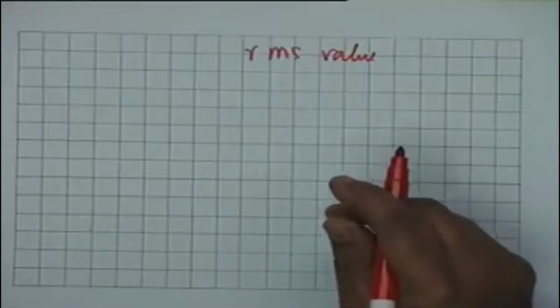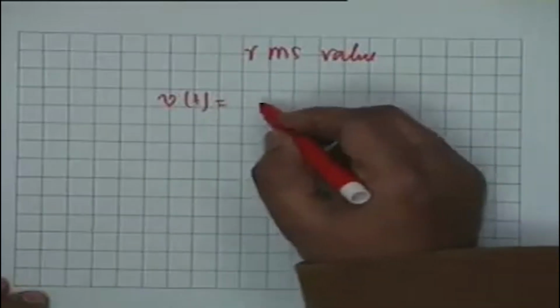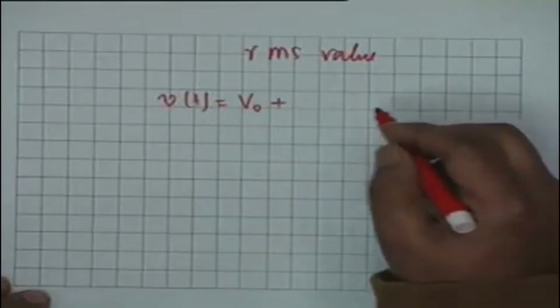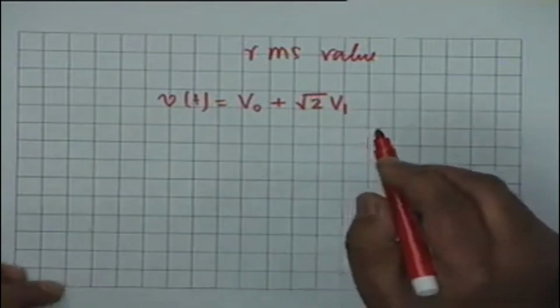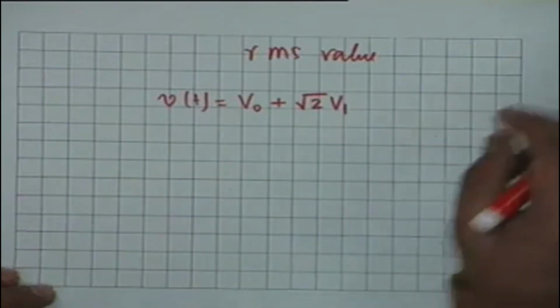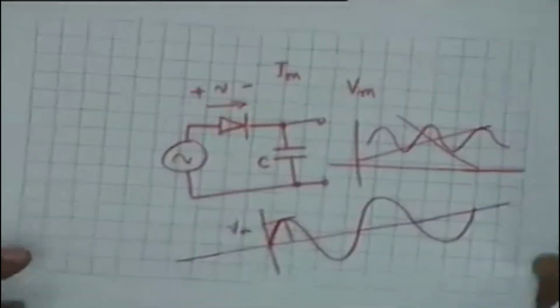To illustrate the concept of the root mean squared value, let us take an example. It is a very important measure of a periodic wave. Suppose we have a voltage v(t) which is V0 plus root 2, it is a mixture as I had shown in the last page.